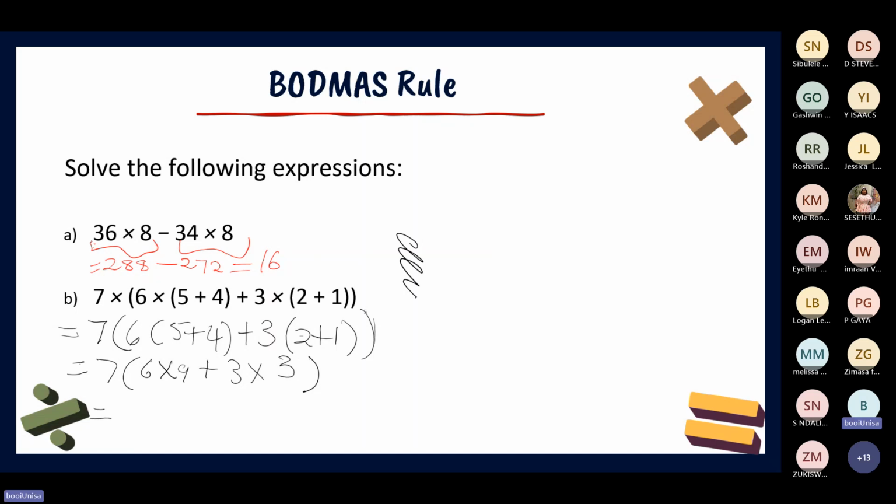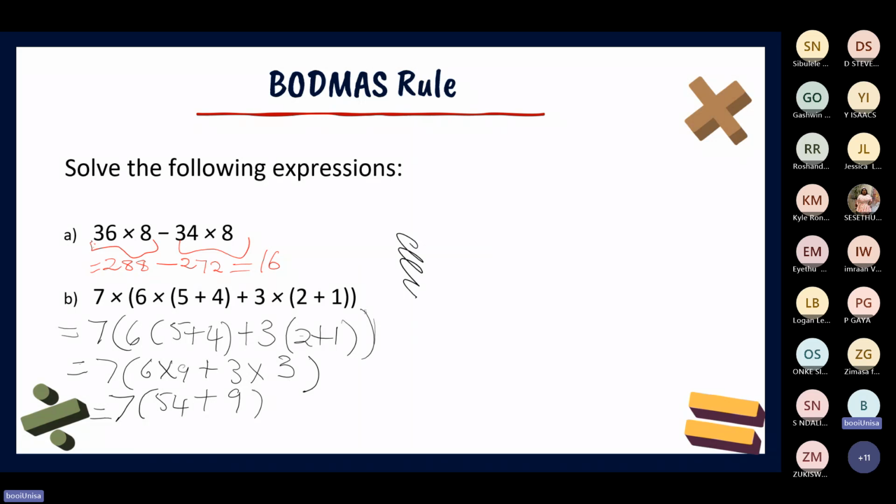Now I go back and look inside the bracket. I have multiplication, addition, and multiplication. What does that mean? Multiplication comes before addition, so I need to multiply first. So 6 times 9 is 54, plus 3 times 3 is 9. Now, bracket, multiplication. I must resolve whatever is inside the bracket first.